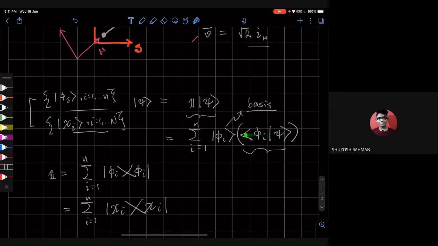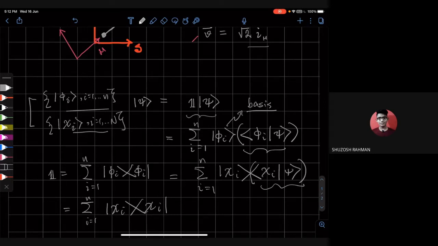These coefficients tell you what the components of this vector are along the different basis elements of Shujosh's basis. But if I wanted, I could have done a different expansion where, instead of Shujosh's basis, I used Moon's basis. Then these complex numbers would give me the components of this vector along the different directions in Moon's space.